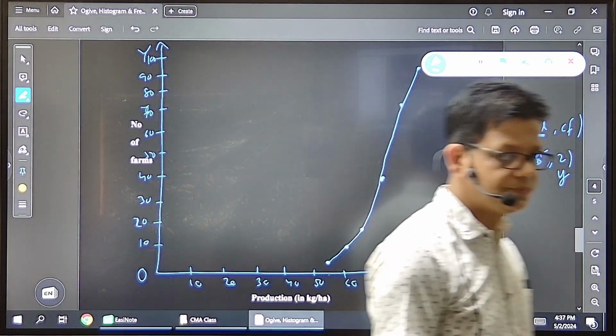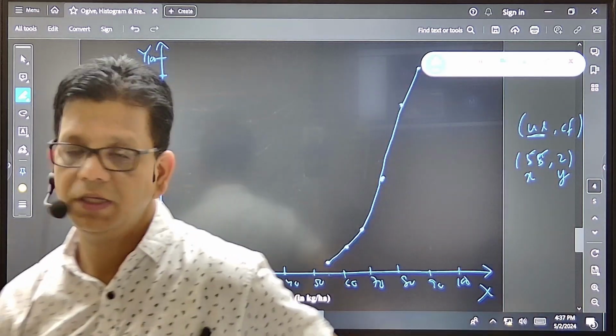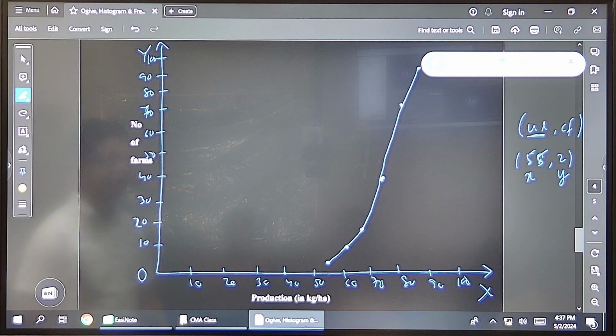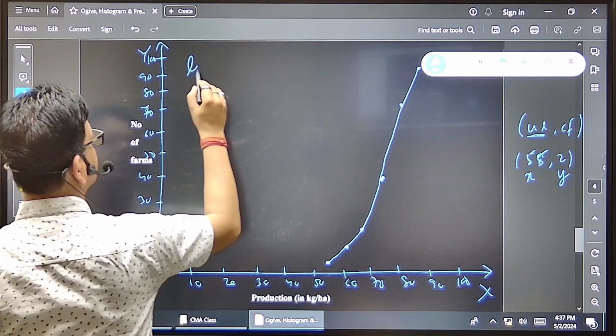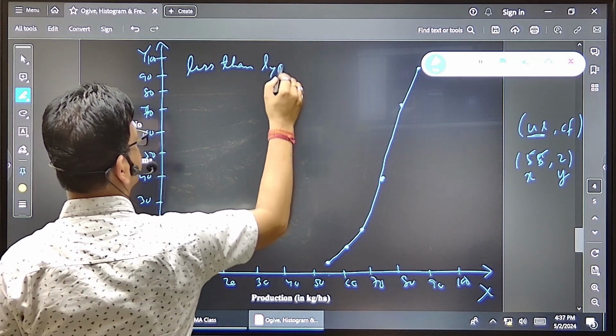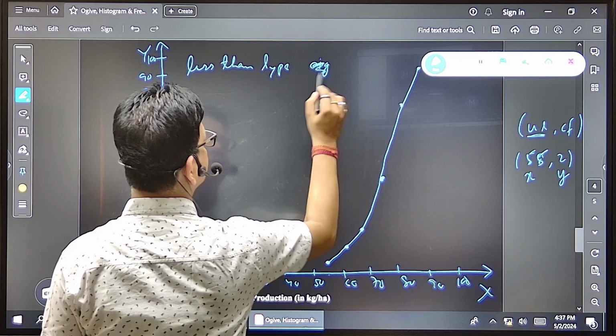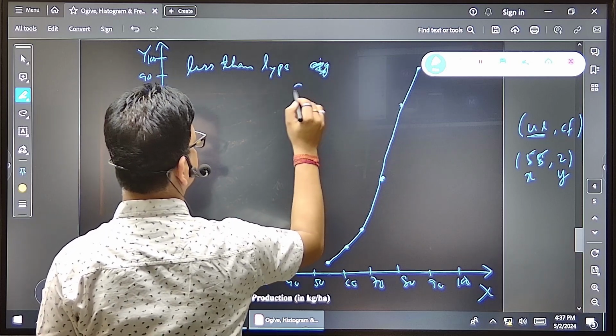It will be almost like this. So this is the ogive for less than type table. Okay? So we can write here less than type ogive.